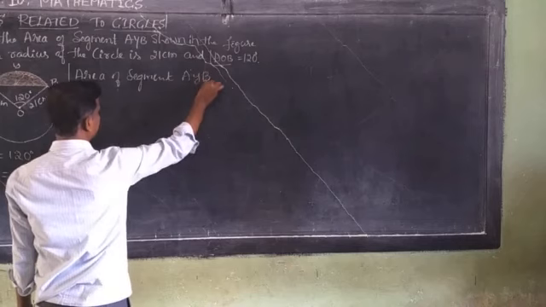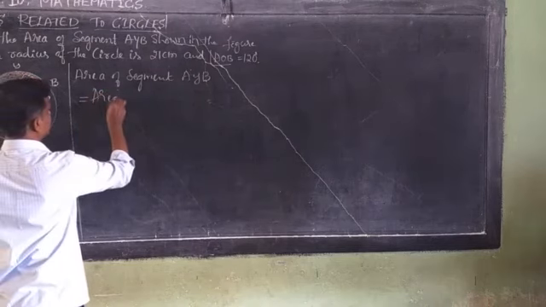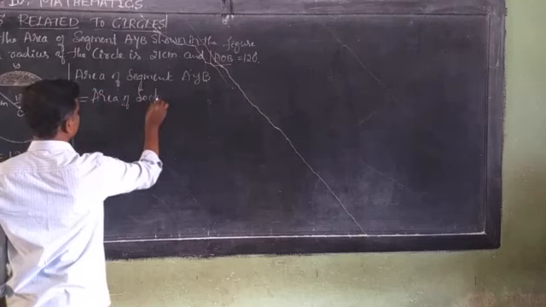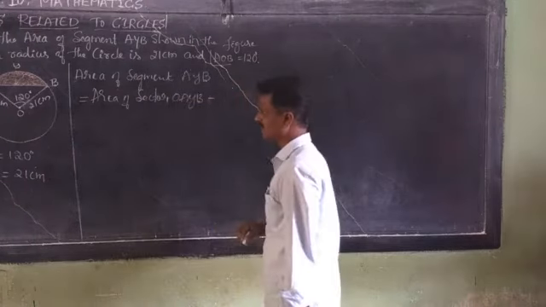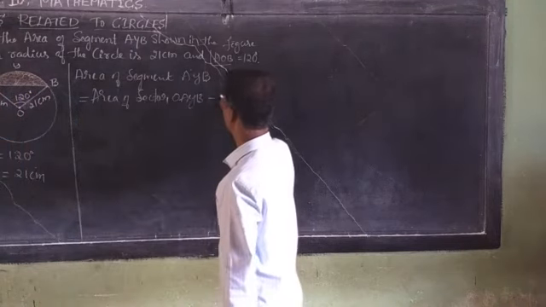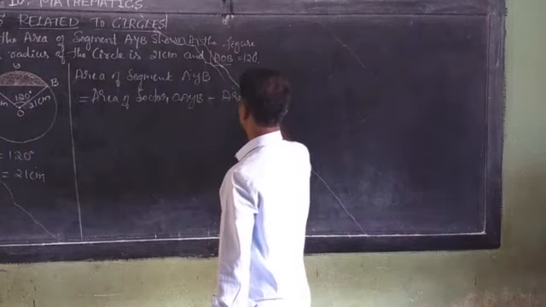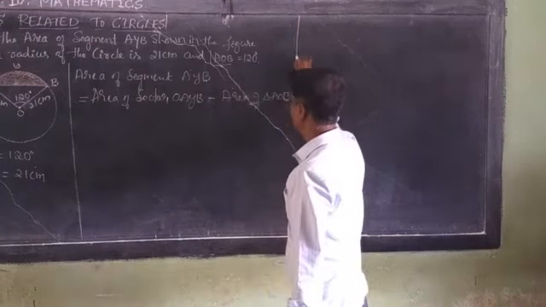AYB. Area of segment AYB is equal to area of sector OAYB minus area of triangle AOB.